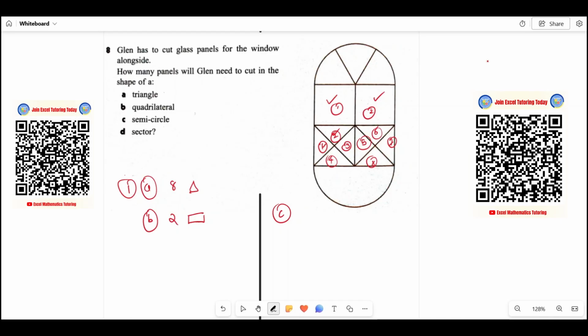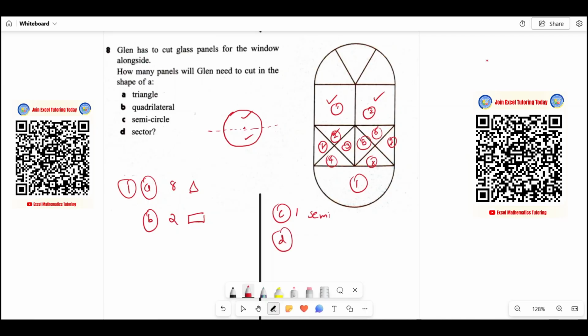A semicircle is the half part of a circle. We are just cutting from the center of the circle, so that will be divided into two pieces. If we draw a circle with this as the center and cut from here, these are the two semicircles. Here we can cut only one semicircle.